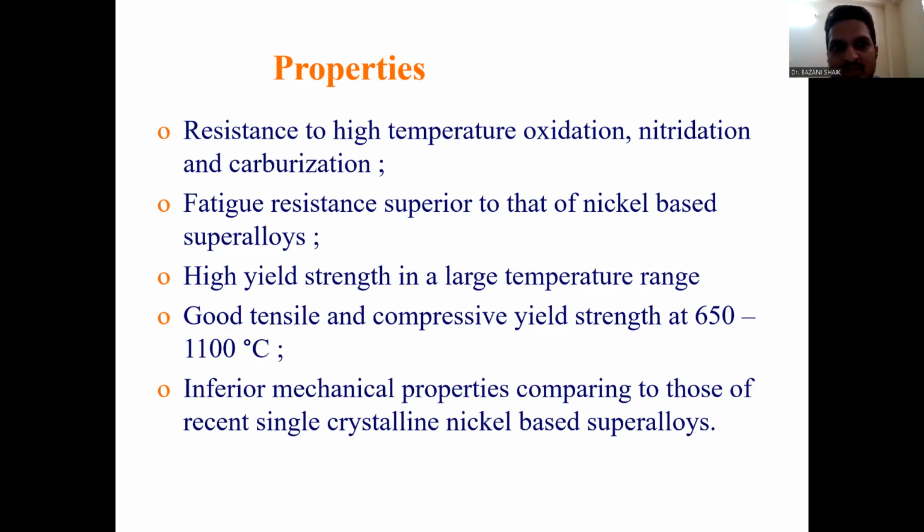They show resistance to high temperature oxidation, nitridation, and carbonization, and fatigue resistance superior to that of nickel-based superalloys. They have high yield strength over a large temperature range, good tensile and compressive yield strength at 600 to 1100 degrees centigrade, and inferior mechanical properties compared to recent single crystal nickel-based superalloys.